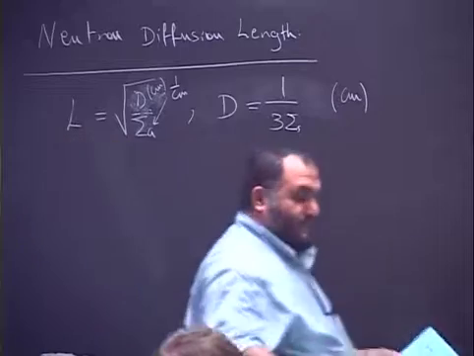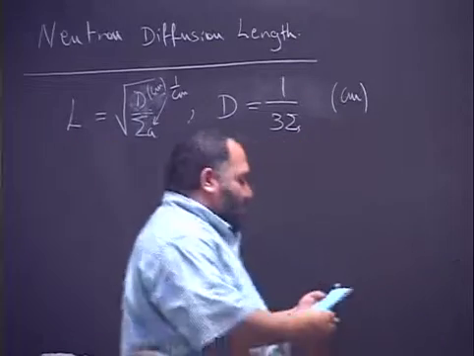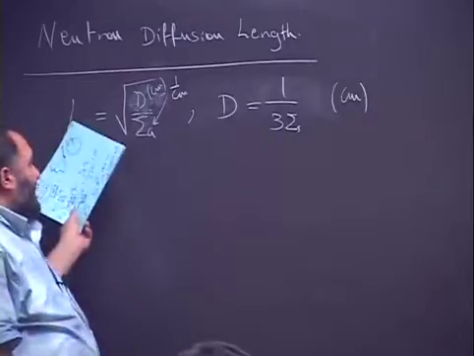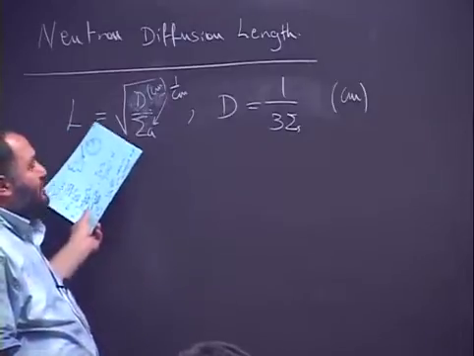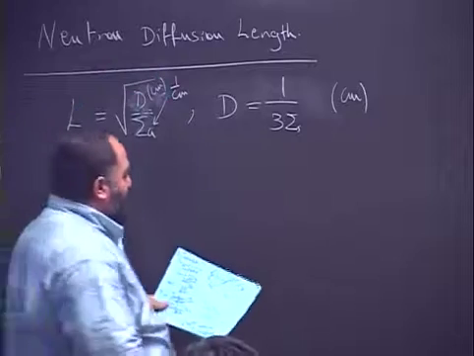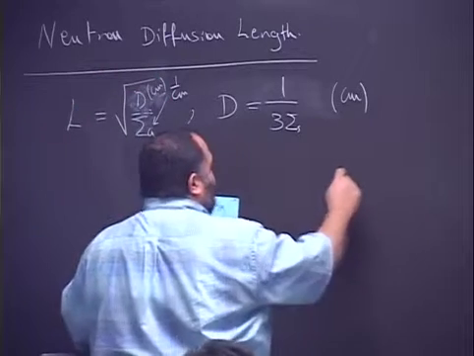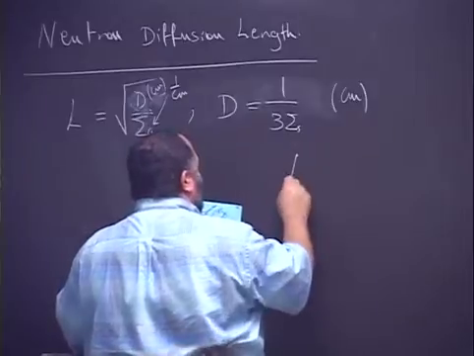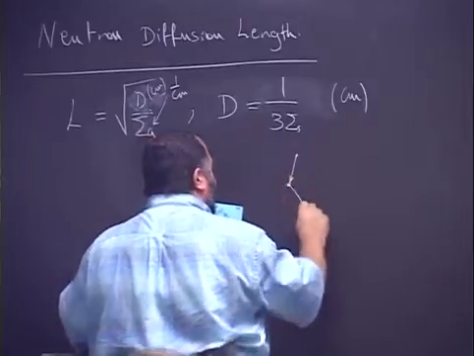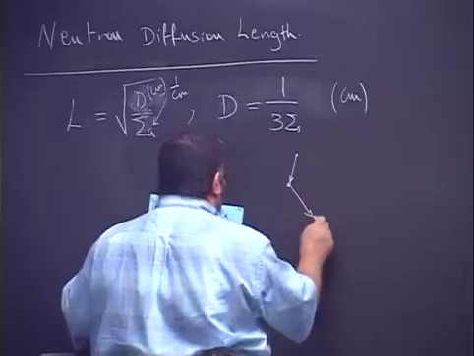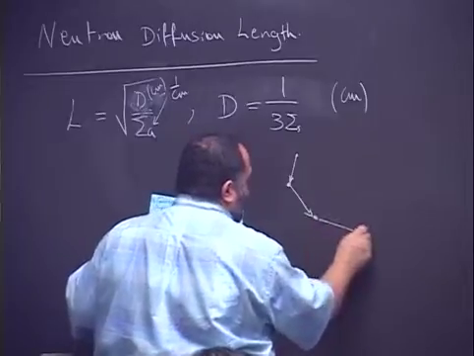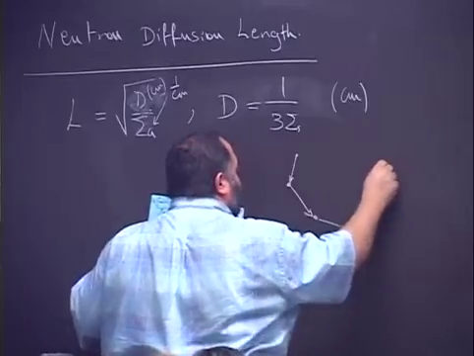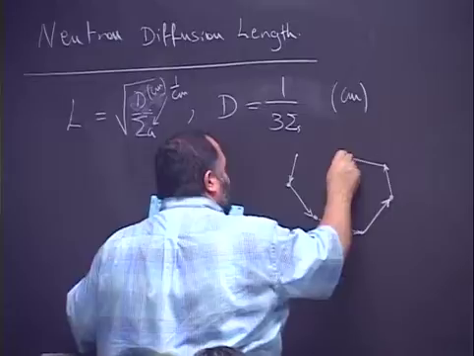Now, how will we calculate an average value, or how will we calculate the diffusion length? Again, as we just stated before, if you have a neutron like here, it makes a collision, then it's scattered here, another collision, scattered here, another collision, this is the next scattering point, and so on, until you reach here and you get absorbed.